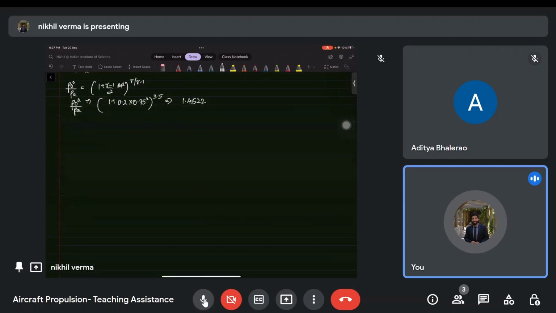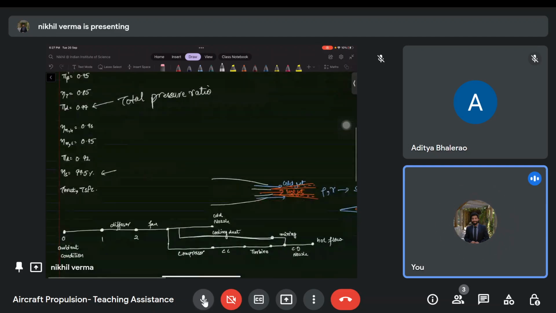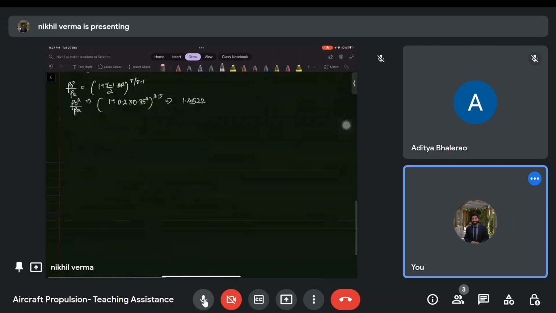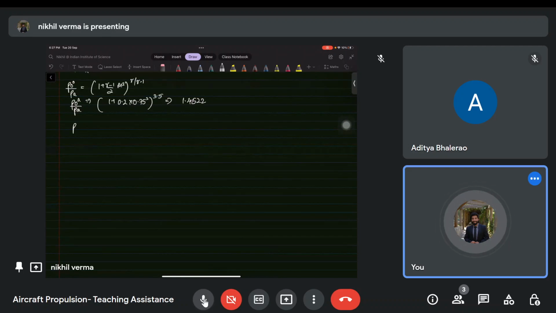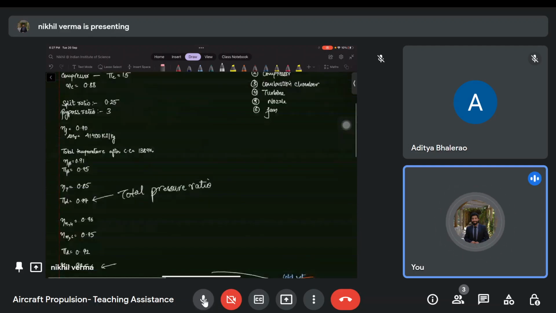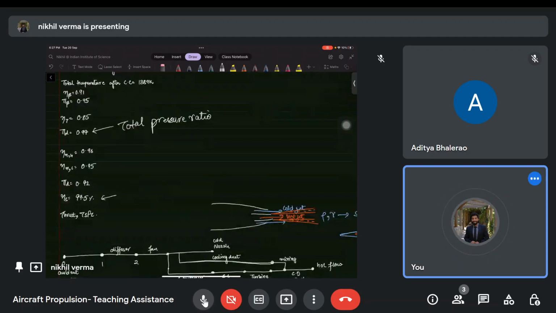Also, it is given that the pressure ratio across the diffuser, pi d, is 0.92.